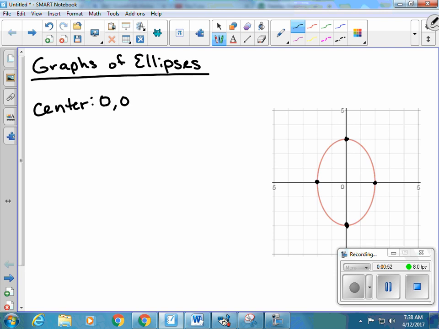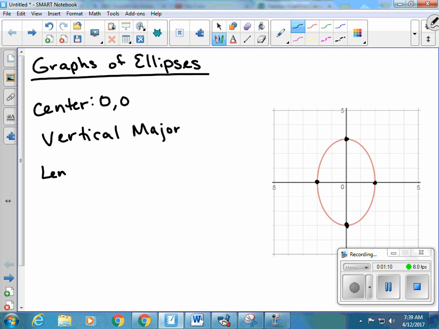Then you need to figure out which is the longer axis, my major axis. Looking at this, my longer one is the vertical, so I know that I have a vertical major.